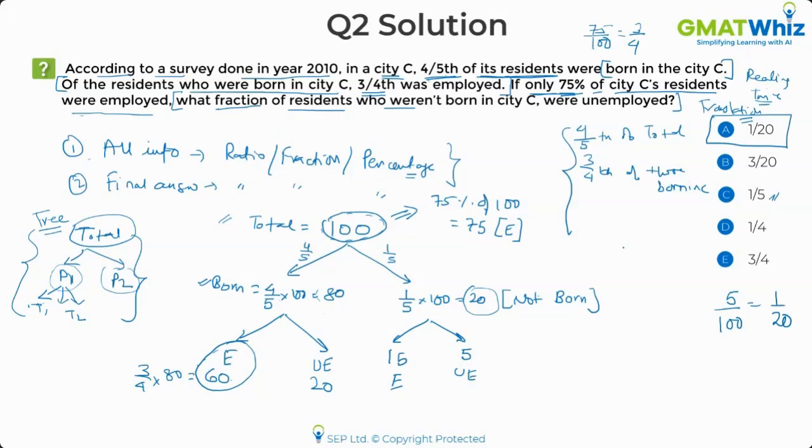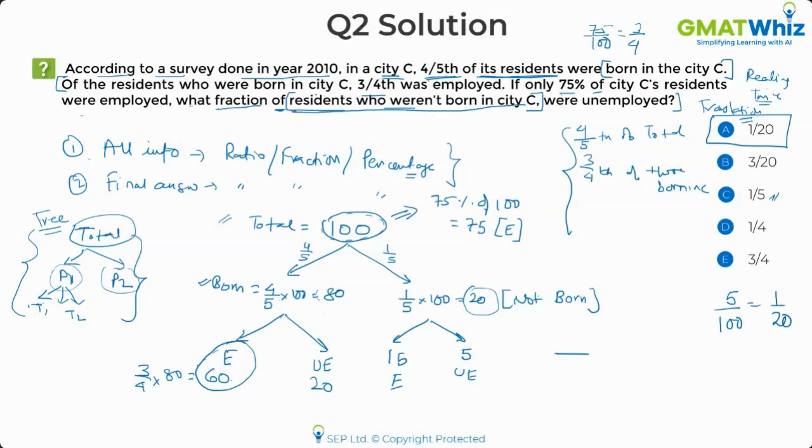Now, let's see what they are asking. I'm looking for a fraction. What fraction of residents who weren't born in city C? This is my reference point, keep in mind. If I remove all the clutter, when they say fraction of, they tell you the reference point.